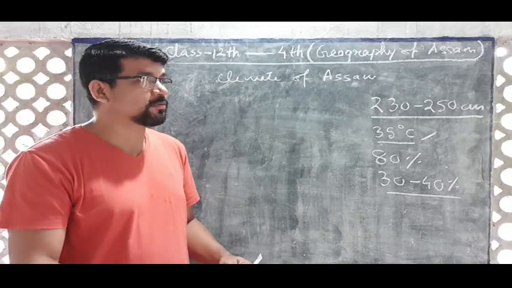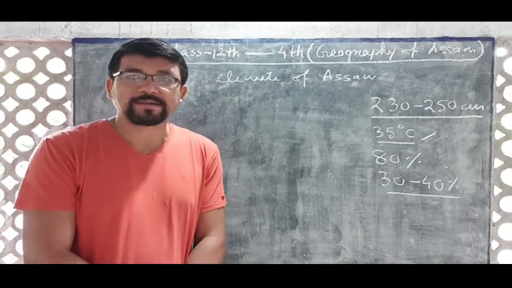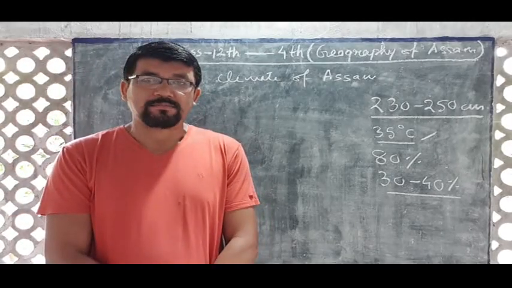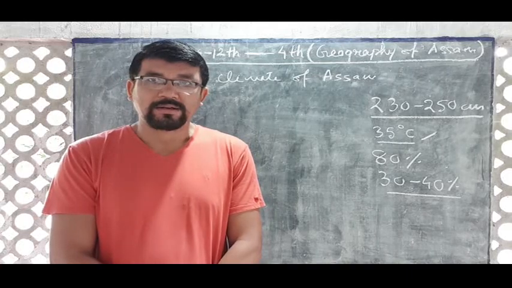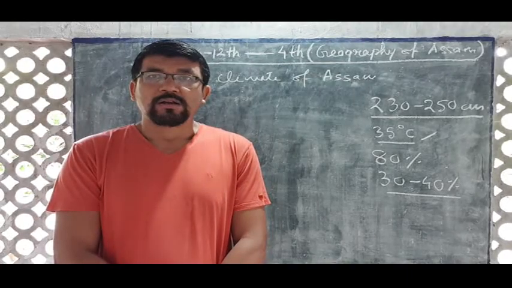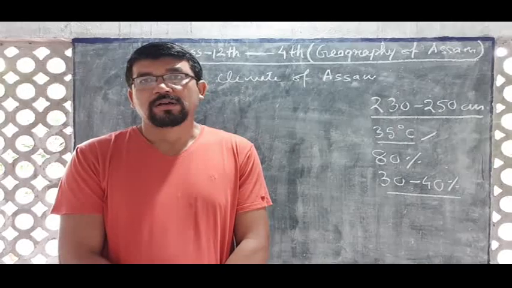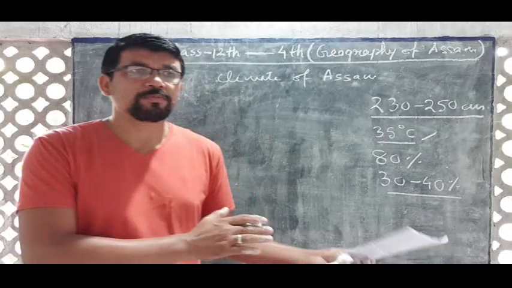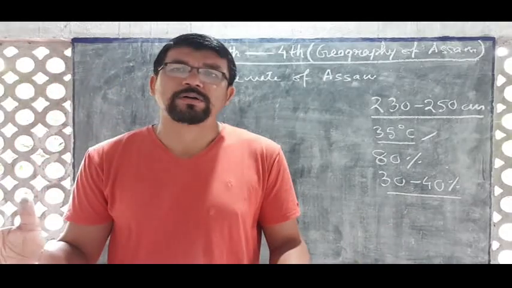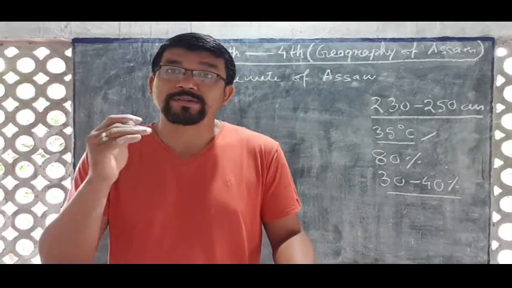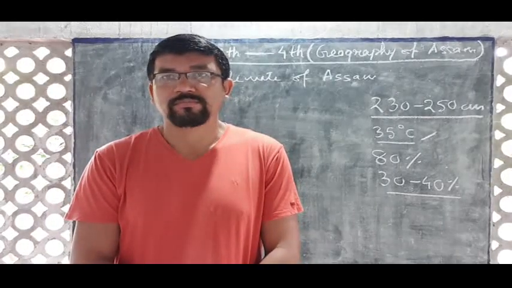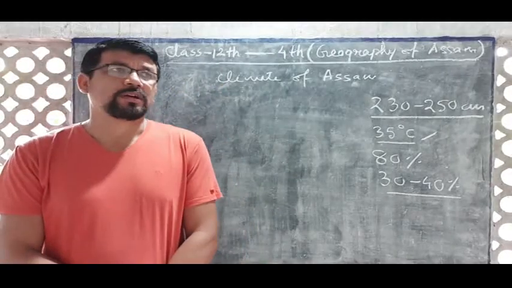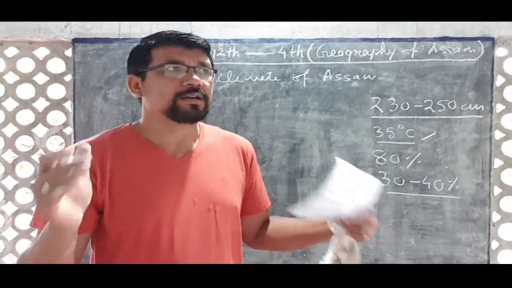And you see now the location of Assam and the location of Ganga River Valley. That means the location of Ganga River Valley and the location of Brahmaputra River Valley are in the same latitude. But both of these regions have different climatic conditions.